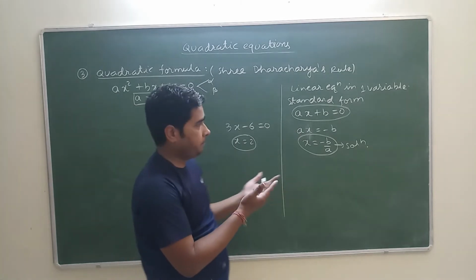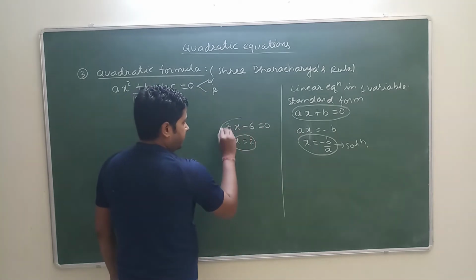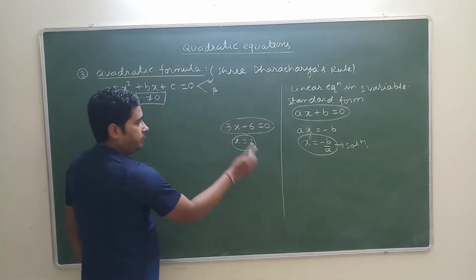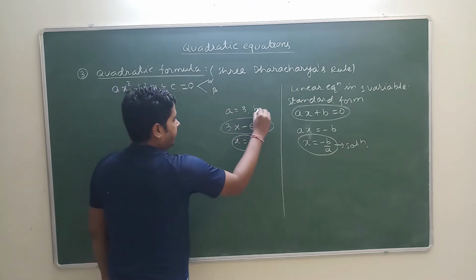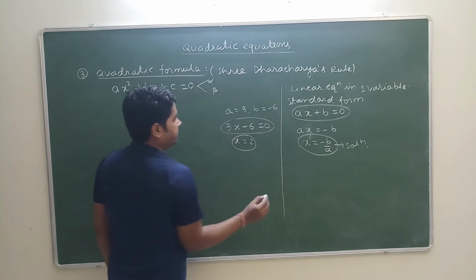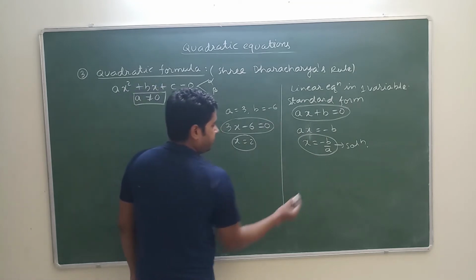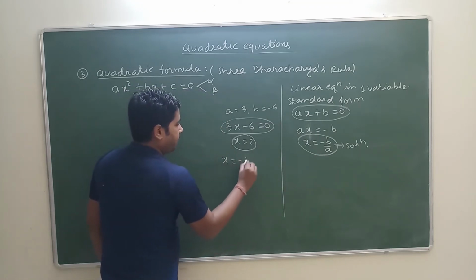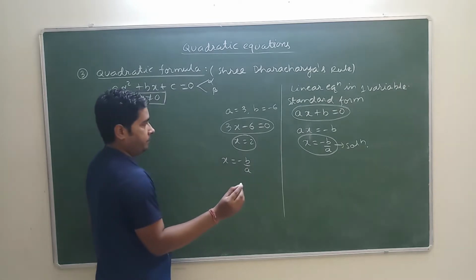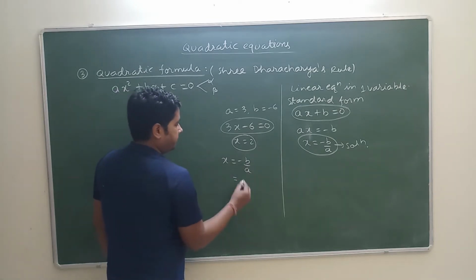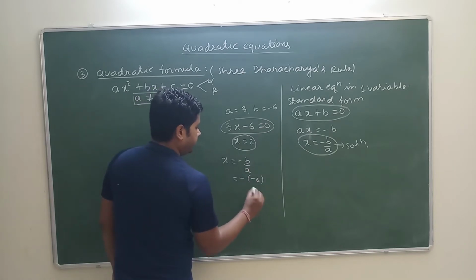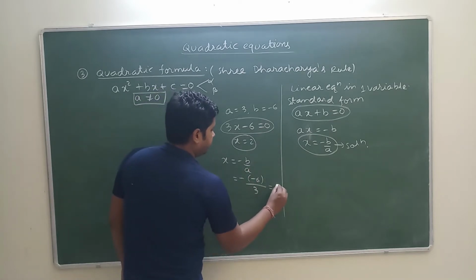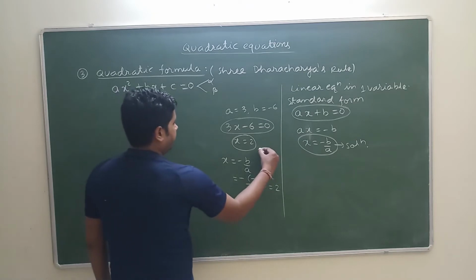Suppose this is a linear equation in one variable, 3x minus 6 equal to 0. For this equation, the value of a is 3 and the value of b is minus 6. So the solution, x is equal to minus b upon a. Let's put the values. Minus b is also minus 6 divided by 3, which will give you 2. So you have got the same result.